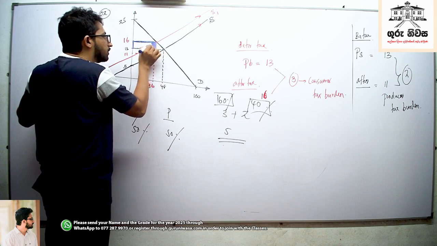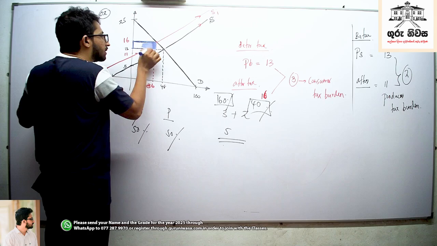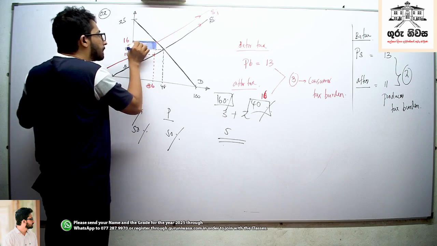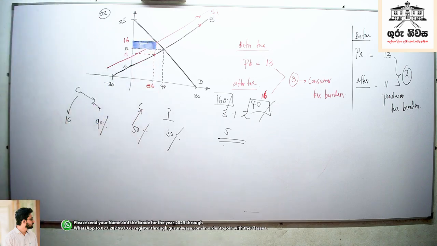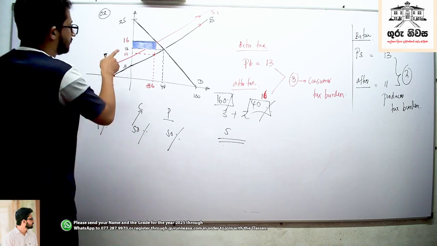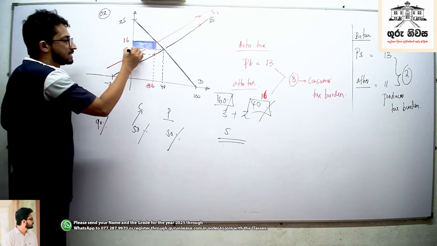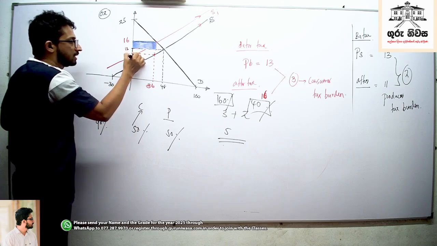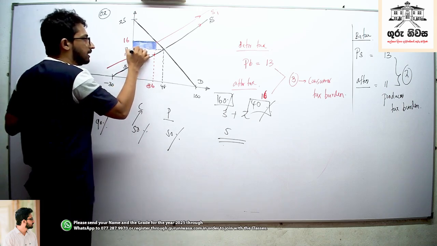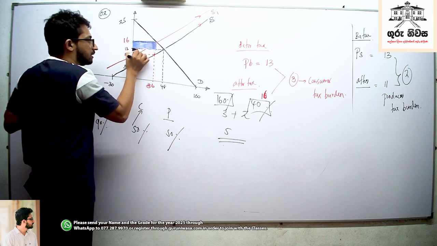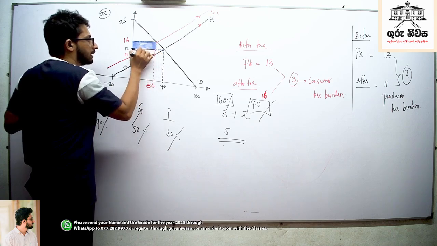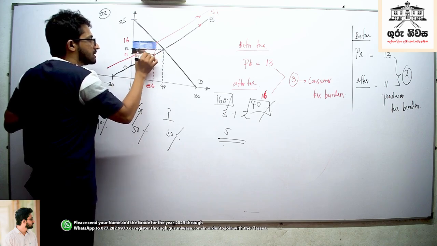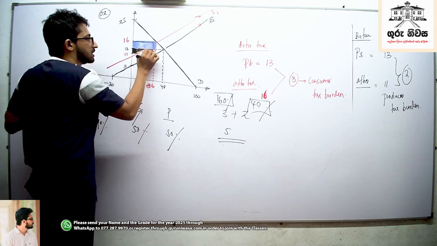Then the total tax burden of producer: 13 minus 11, this small distance, multiplied by the new equilibrium quantity. This is the producer tax burden.